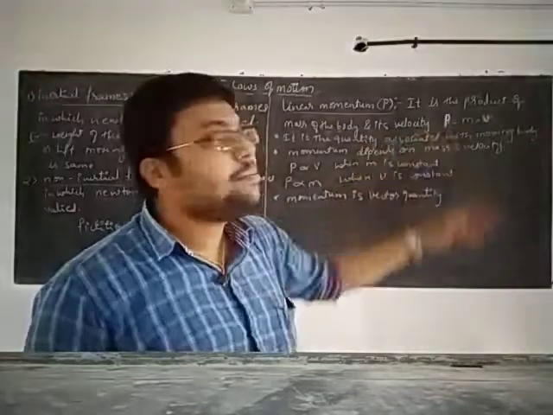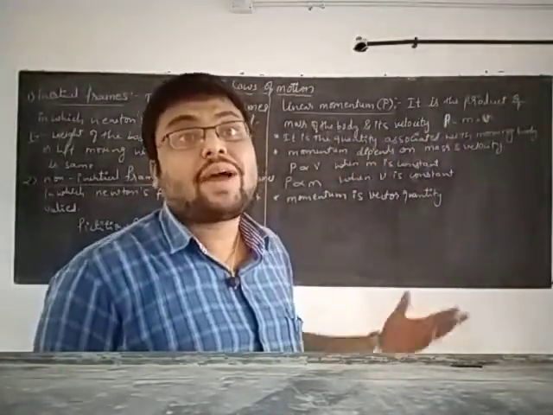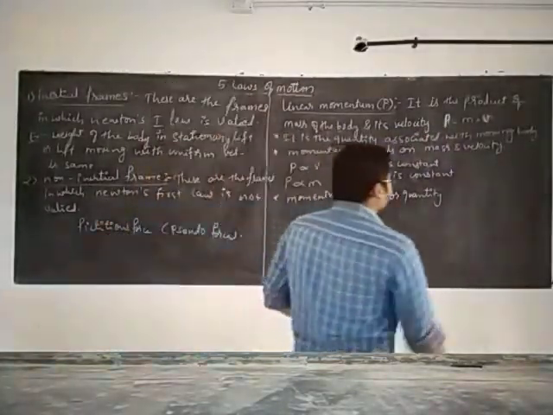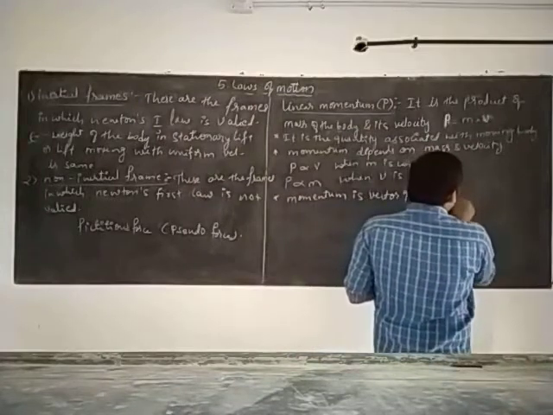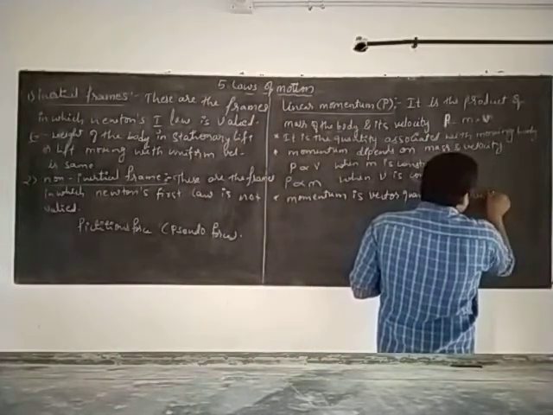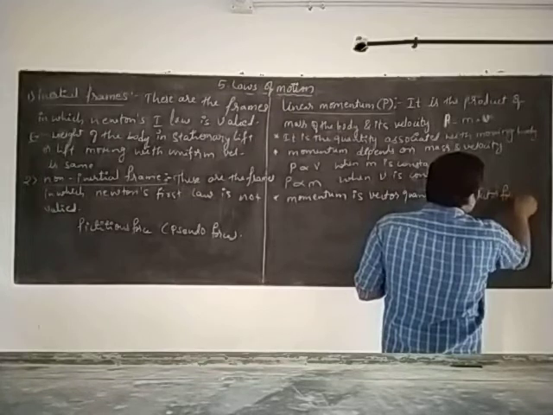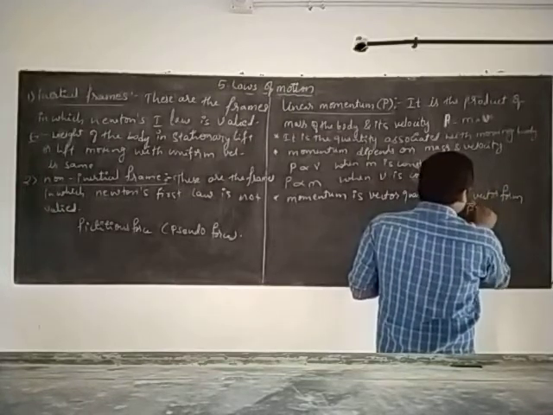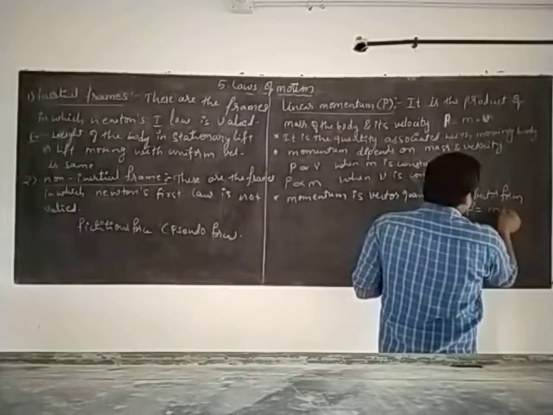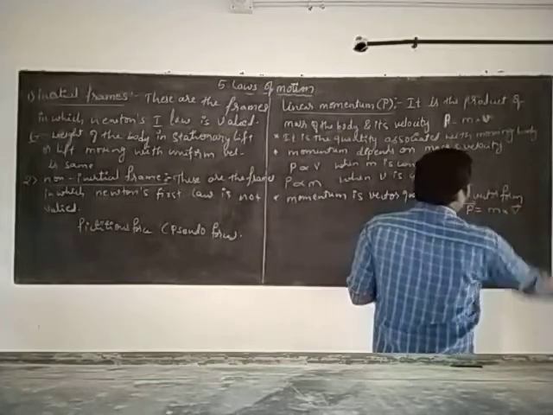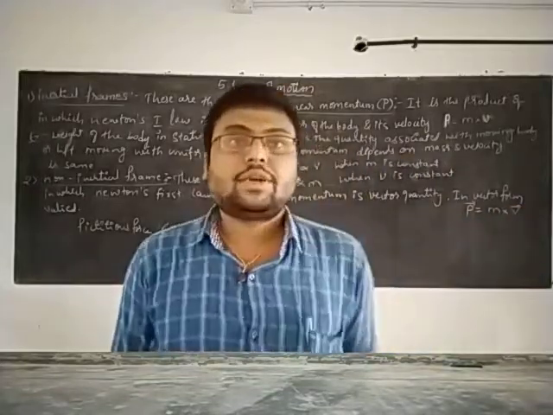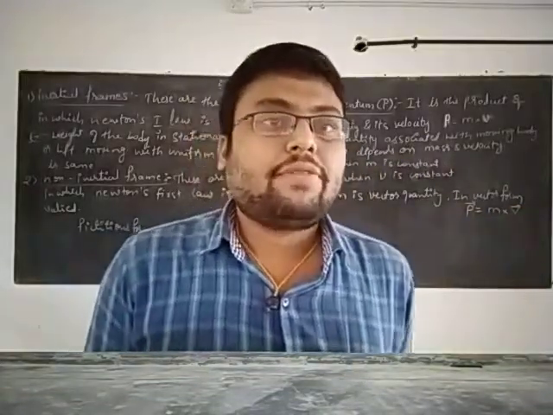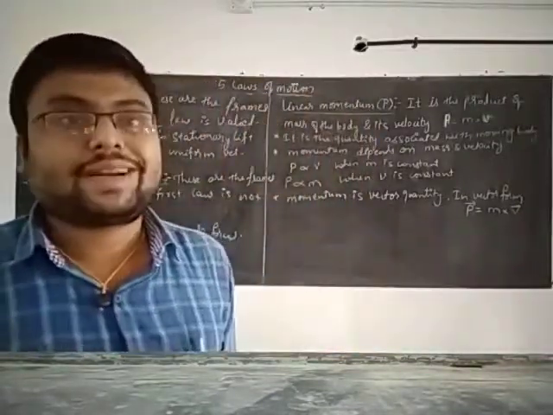So P is equal to m into v. In vector form, how can we write this one? In vector form, vector P is equal to m into vector v. It is in the form of vectors.